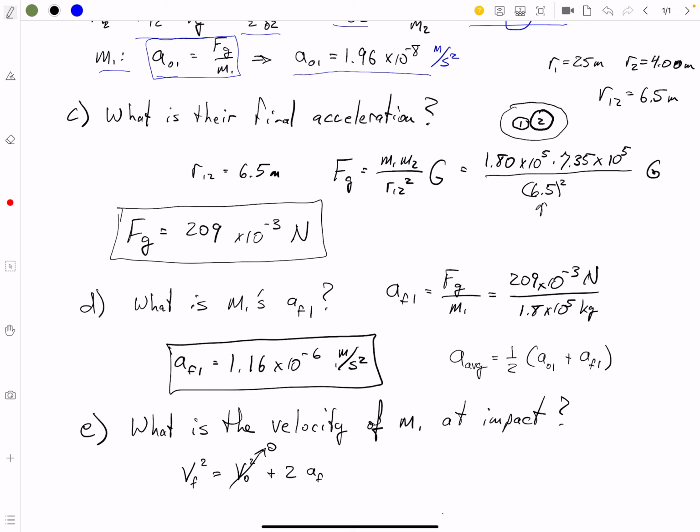So we want A average. A average, and then that's our delta X, which is 50. What's our average? What is that equal? Boom, boom, boom.